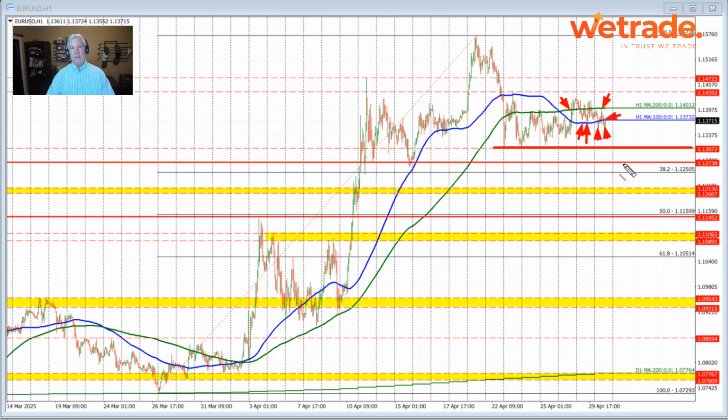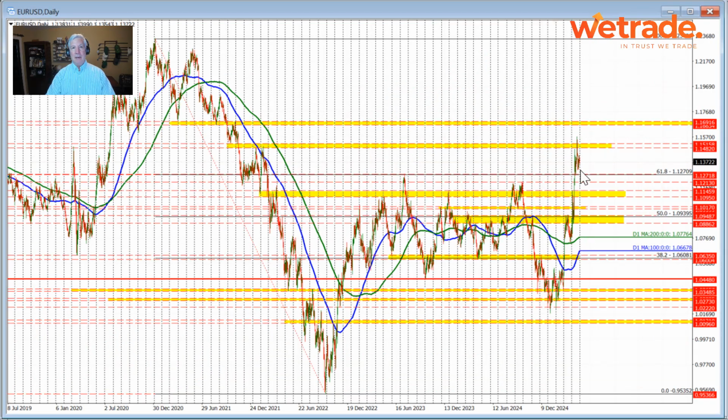If we break below that level, then we start to look toward the 1.1271 to 75 area. Recall, and this is becoming redundant, that the 61.8% retracement of the range from the 2020 high to the 2022 low, that's this range right here, comes in at 1.1271.